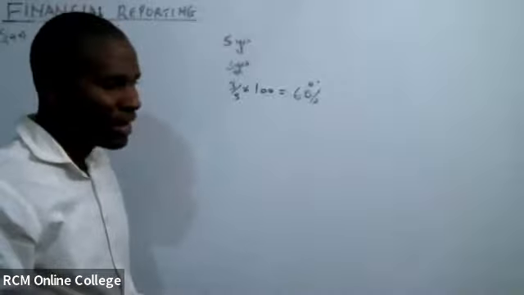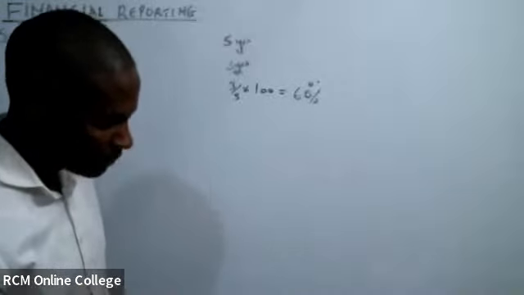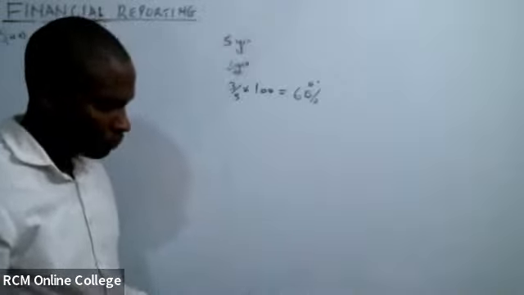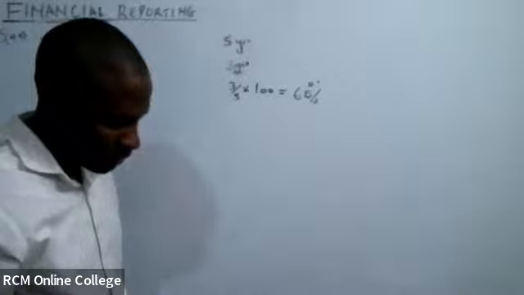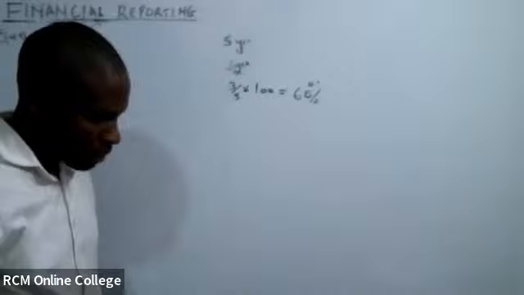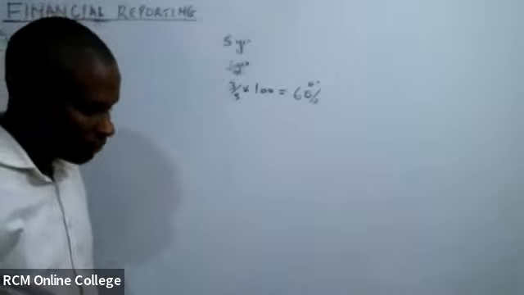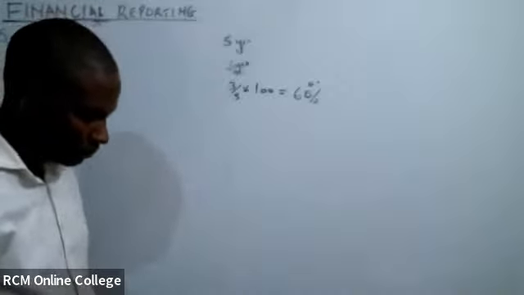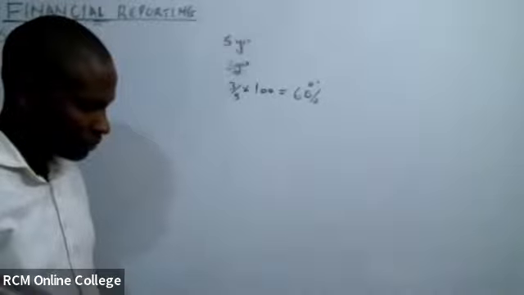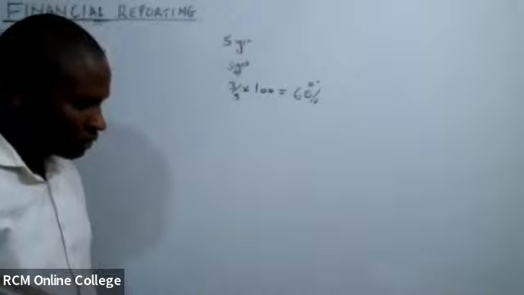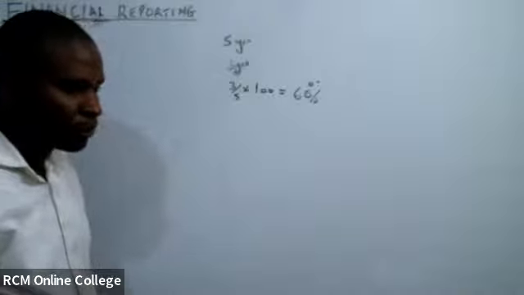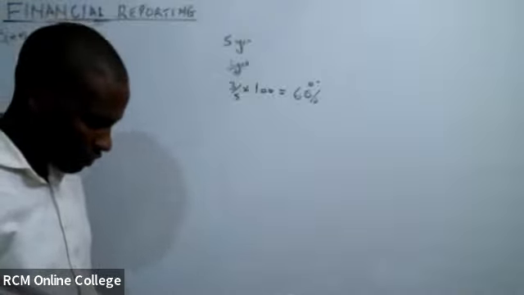So let's see, how can we analyze this? Is it possible for us to compute the right of use asset? Yes, it is very possible for us to get the right of use asset.